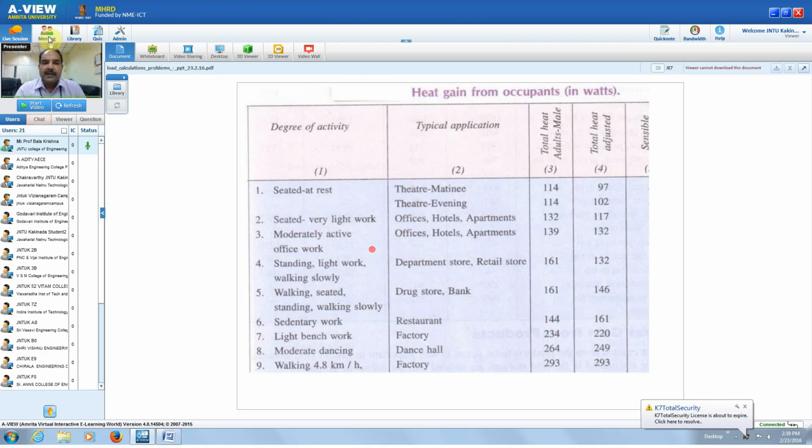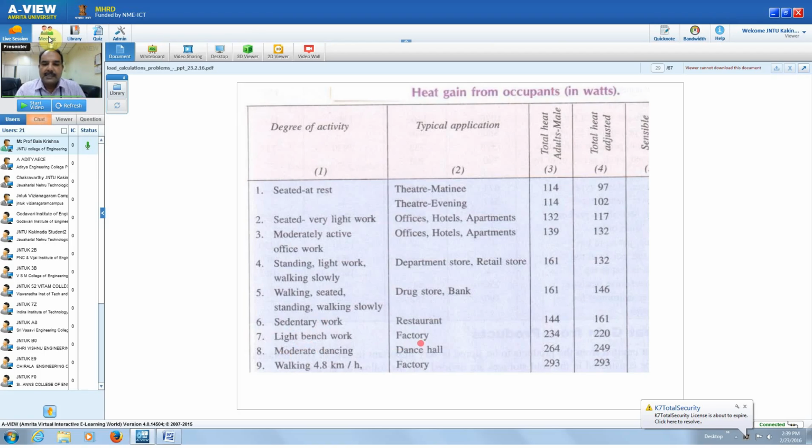Like that, seated very light work or moderate activity, office work, standing light work, walking slowly, seated work, light bench work, moderate dancing.